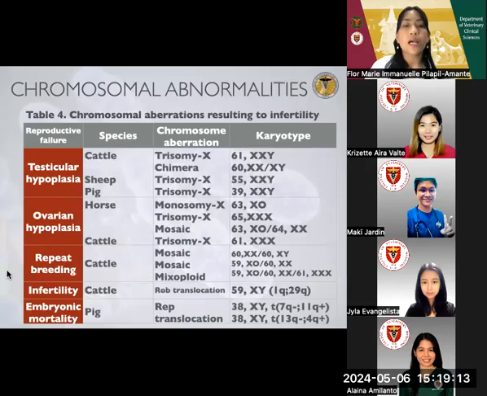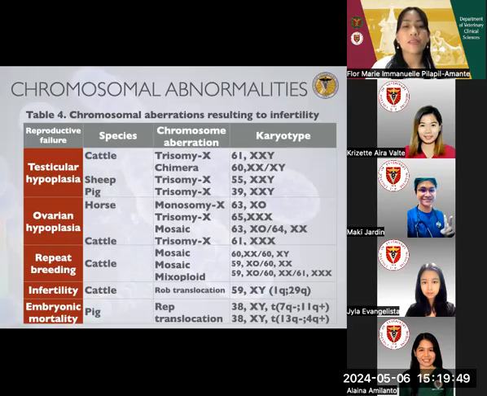Okay. For any repeat breeders, which we usually see in cattle, if you want to investigate further, if it's not because of management, hormones, nutrition, etc., on a deeper sense, we can look at it genetically. It can be because it is a mosaic or a mixoploid. And again, moreover, infertility can be attributed to Robertsonian translocation at this level.